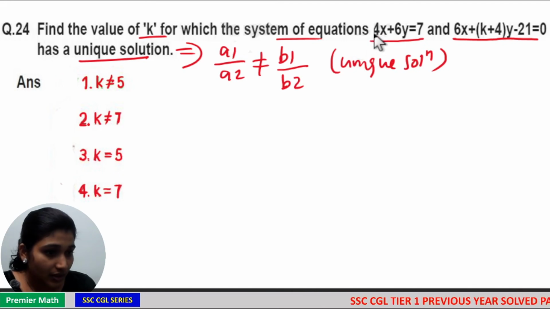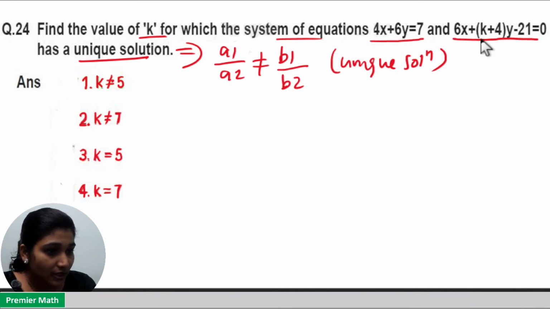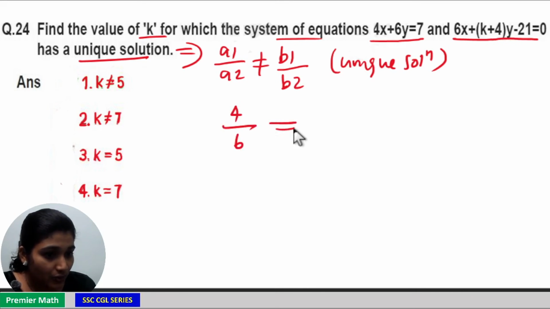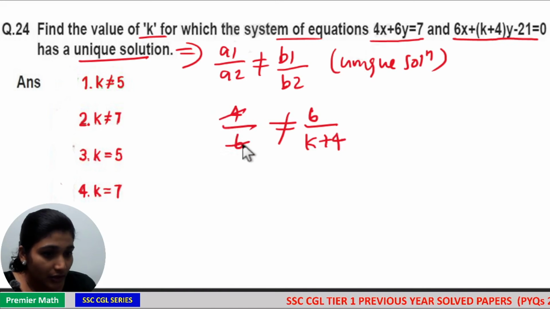Here these two are in the form of ax plus by plus c equal to 0. So check for it. Here a1 is 4 and a2 is 6, and b1 is 6 and b2 is k plus 4. So 4 divided by 6 should not be equal to 6 divided by k plus 4. Now if you take the ratio, this is 2 by 3.